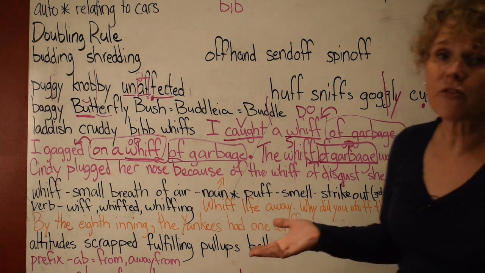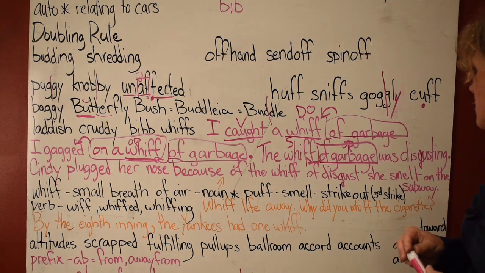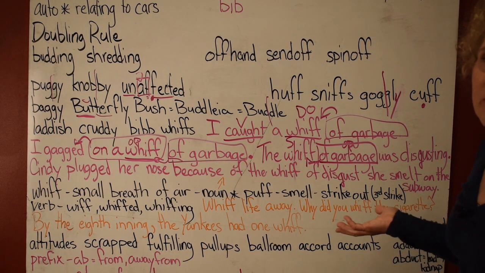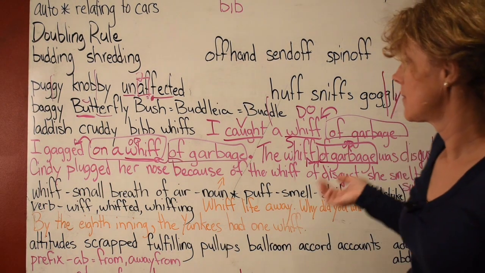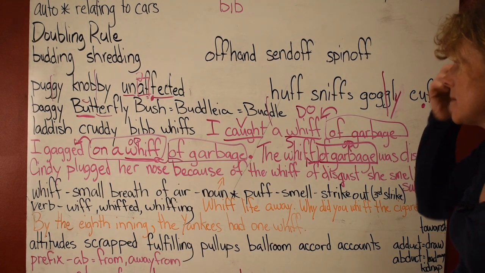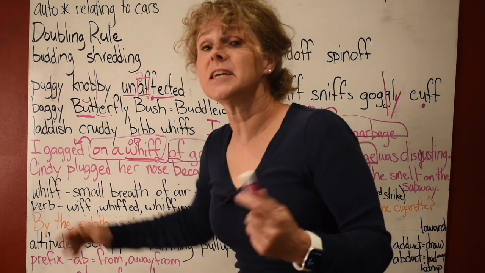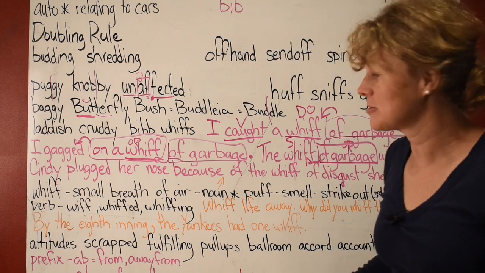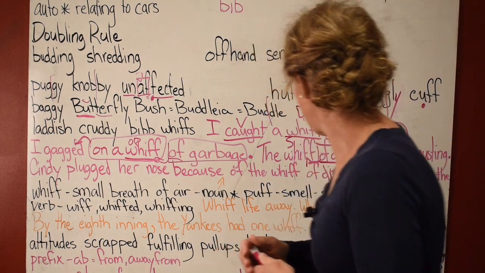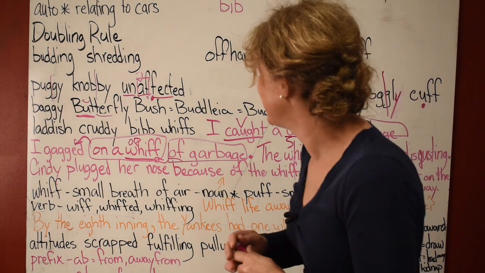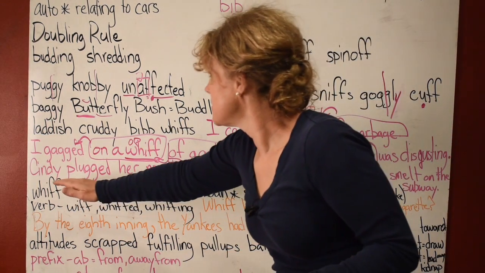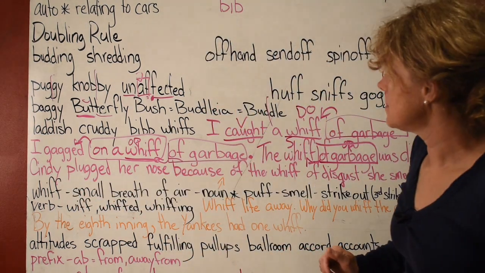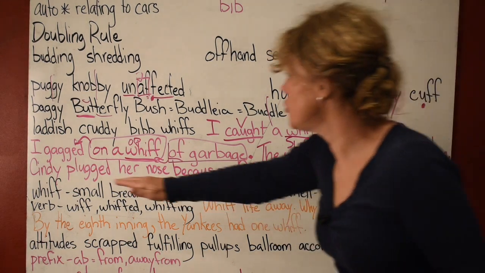Now, first off, let's find the verb. What is it? Plugged. And Cindy is my sister, and I have seen her plug her nose when we've been in New York. Anyways, plugged right here is your verb.